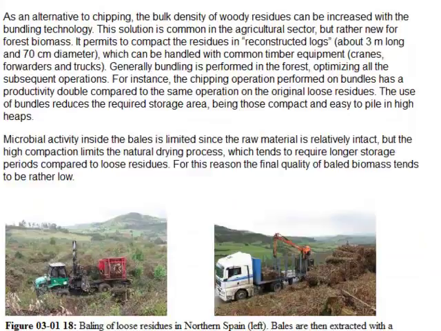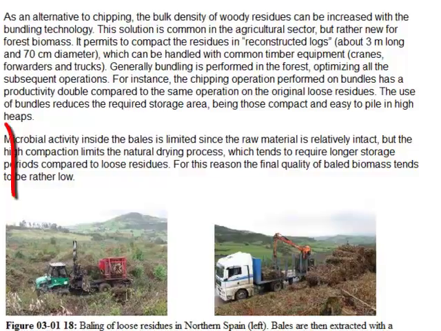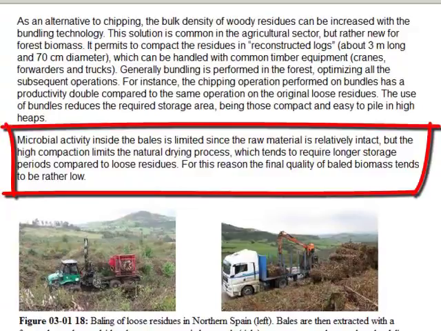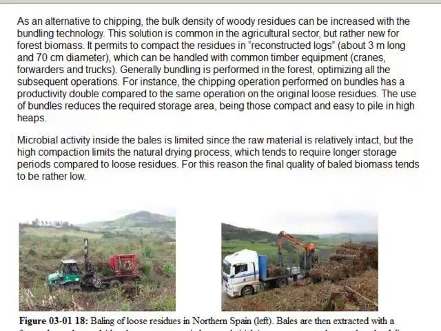For forest slash, the bundles will be more porous and less compact than with bales of agricultural residues, such as straw, and hence the microbiological activity in bundles of forest slash is not at all as severe as it was in the examples we saw before about what could happen in round bales of straw.